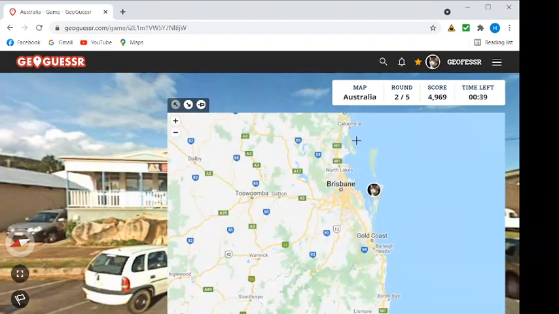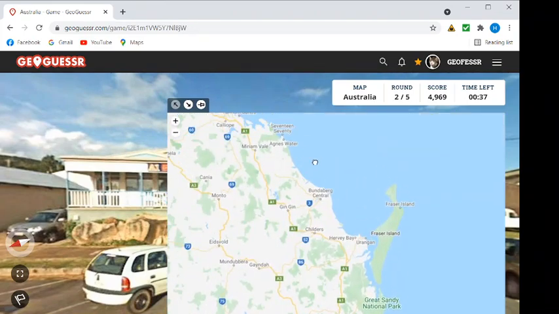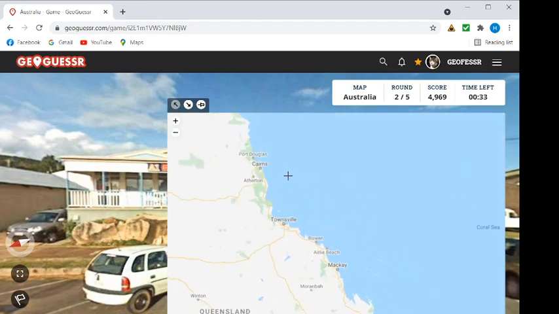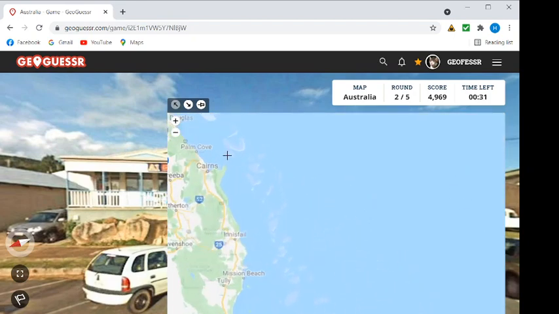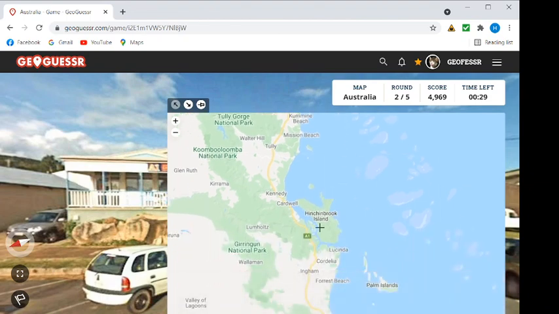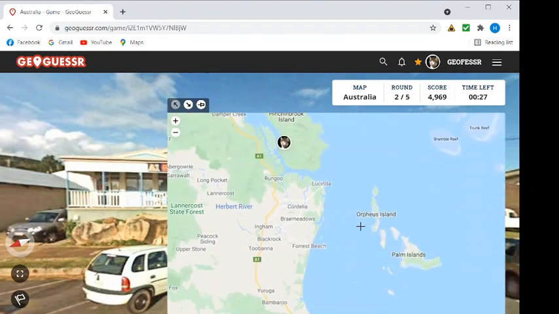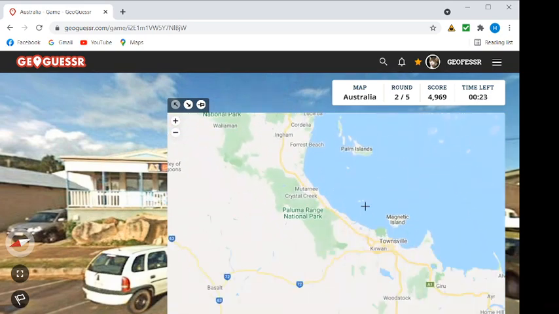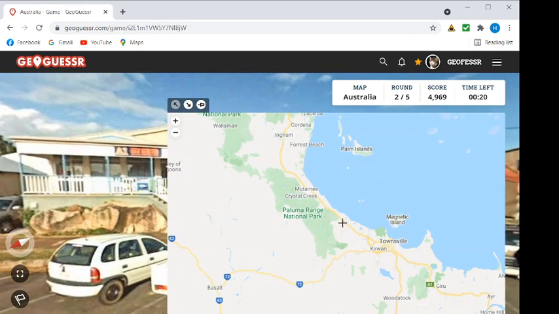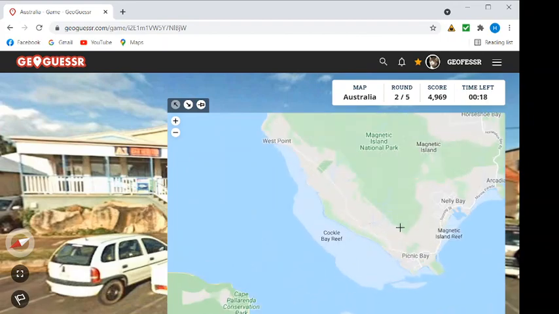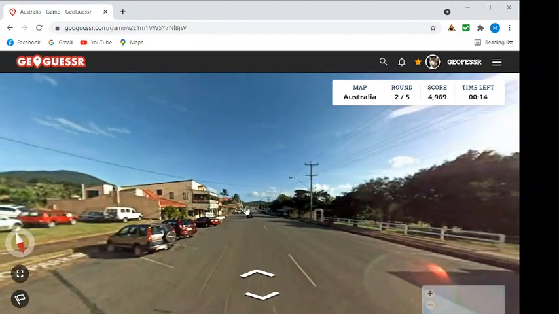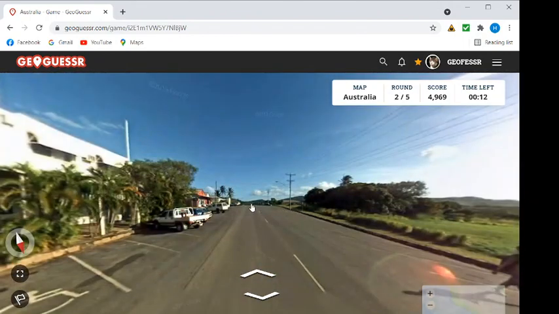Okay, the term rainforest I think tends to be used more for far north Queensland, which is the area around Cairns and Townsville. But where is there an island that could it be this island? Yeah, there's one near Townsville, so yeah.